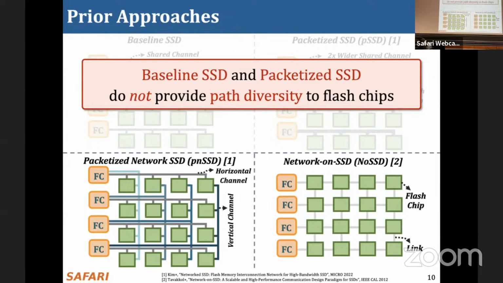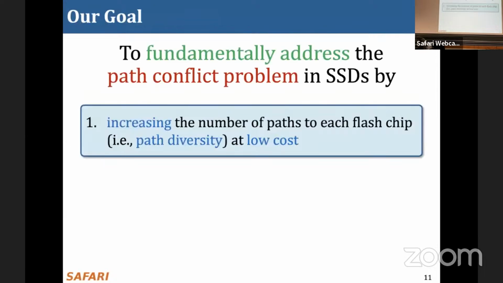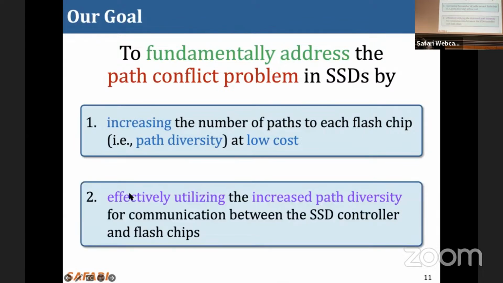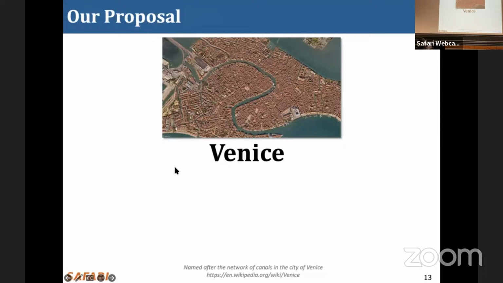That's essentially important. So that brings us to our goal: to fundamentally address the path conflicts problem in SSDs by increasing the number of paths, providing path diversity, and effectively utilizing the increased path diversity for communication. That being said, we reached Venice.